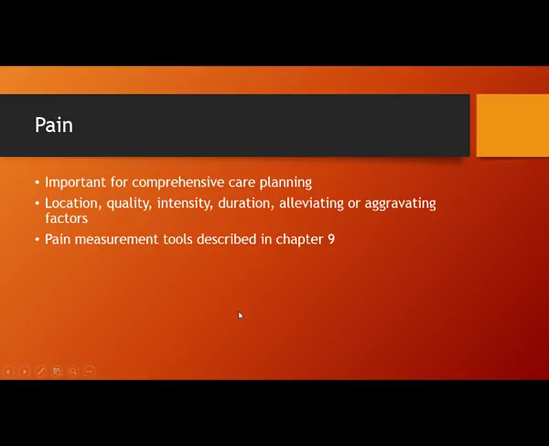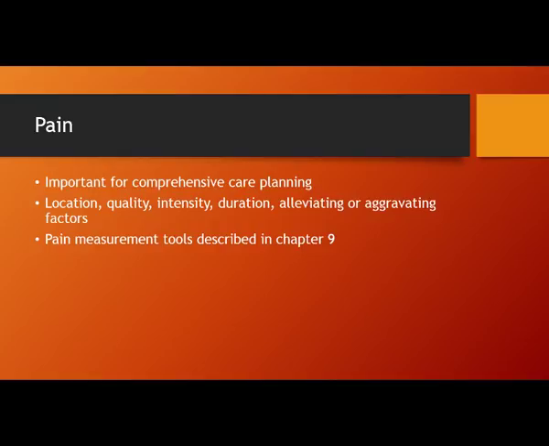Pain. Pain is very important to assess for several reasons. It's important for comprehensive care planning. It's probably your patient's biggest priority at the moment. Your biggest priority might be their blood pressure or their heart rate or something like that, but their biggest priority is likely to be pain if they're experiencing it.